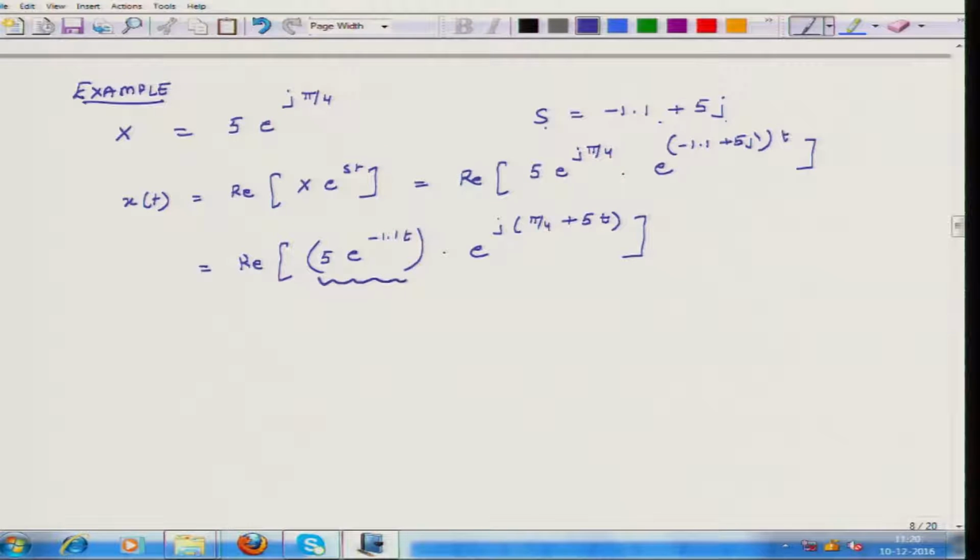The first part is entirely real, so I can just bring it out: 5 e to the power of minus 1.1 t times the real part of e to the power of j (pi over 4 plus 5t).